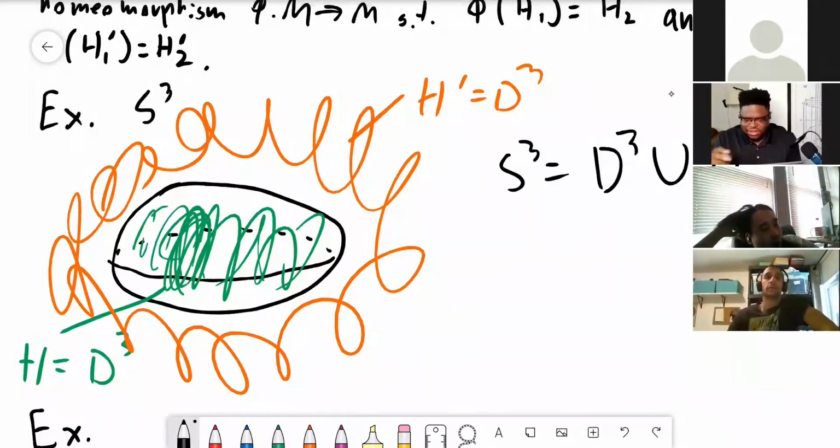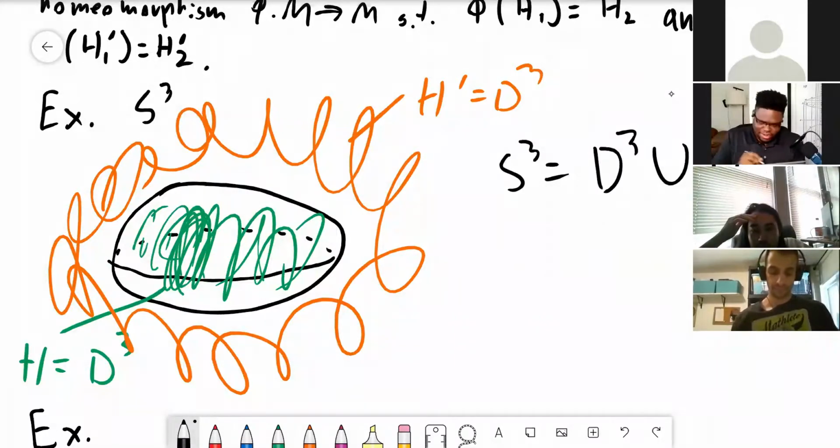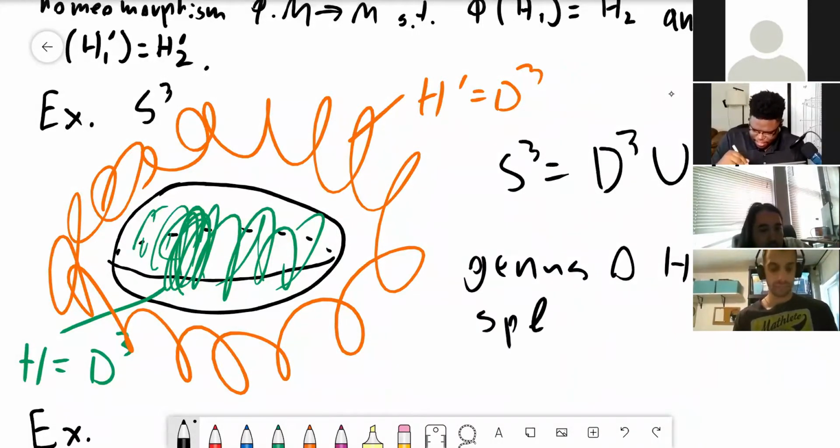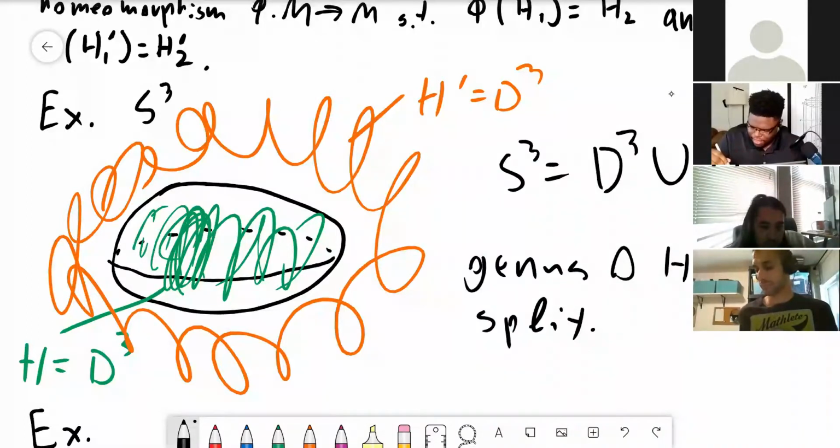But it turns out in this example, it doesn't actually matter what F is. You'll always get a 3-sphere, which we're going to talk about why that is a little bit later. So this is a genus 0 Heegaard splitting of S3.